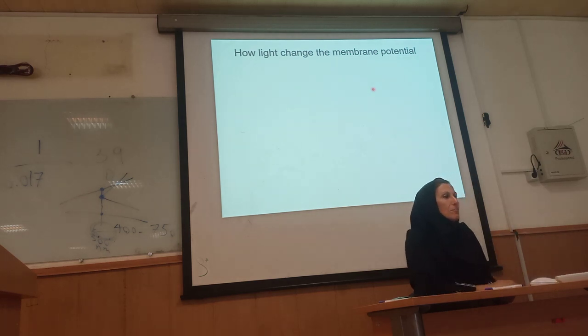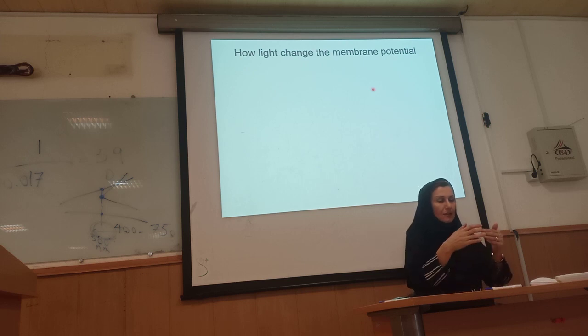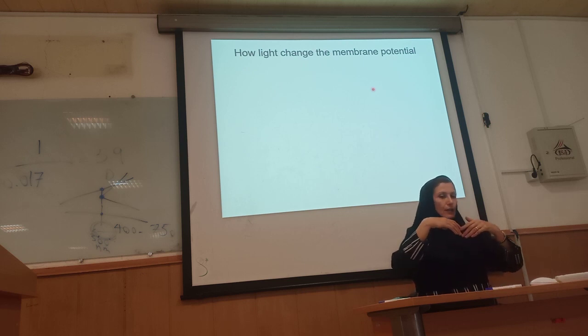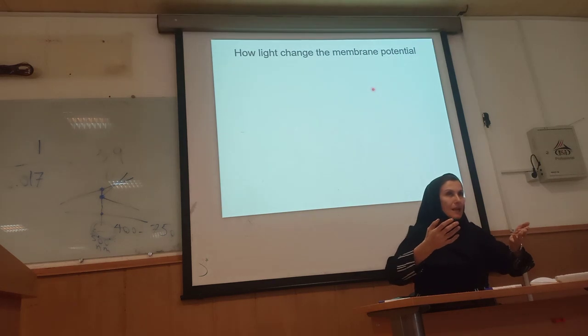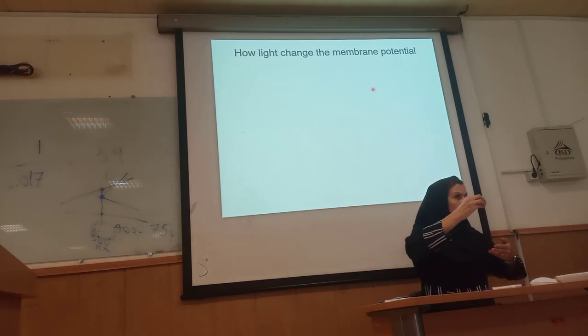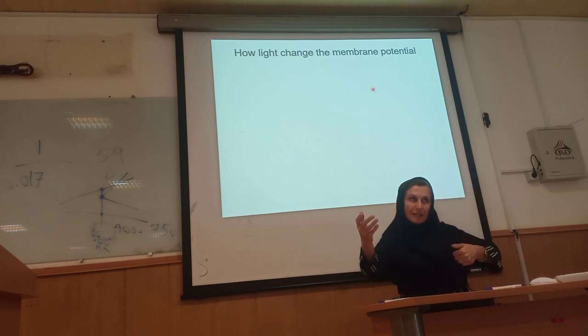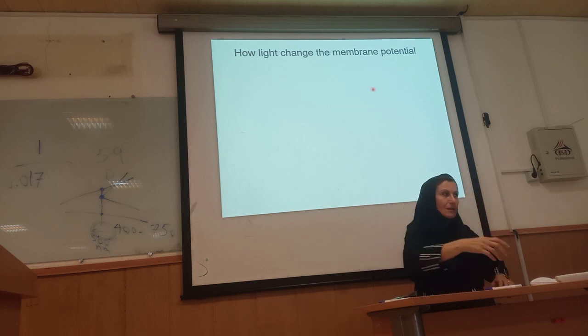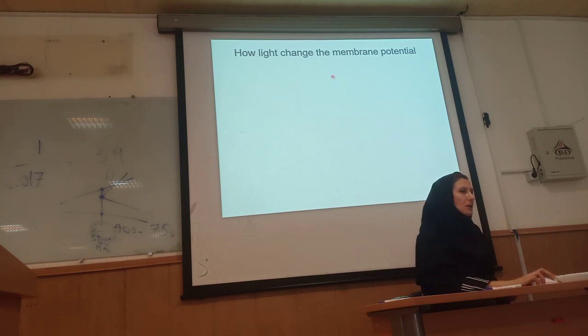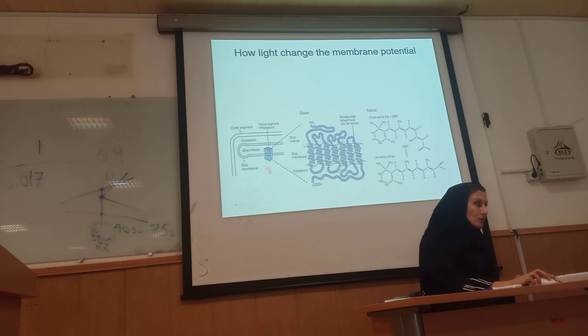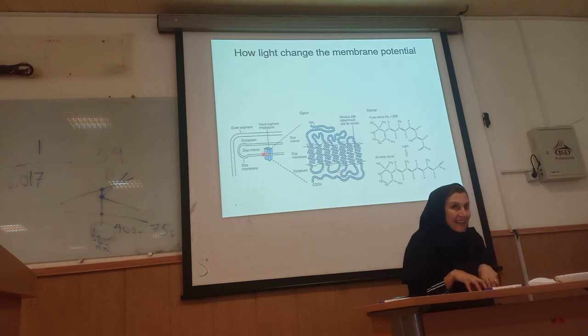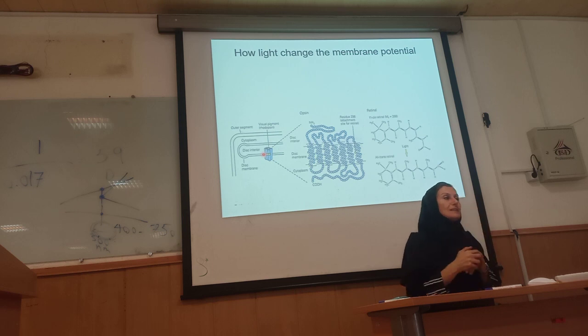How does light change the membrane potential? Because when we say they are excitable cells, they should respond to some energy, which here is electromagnetic energy, visible light. Okay? How does light change the membrane potential? Before that, you should know about the molecule here that responds to the light. What is this?